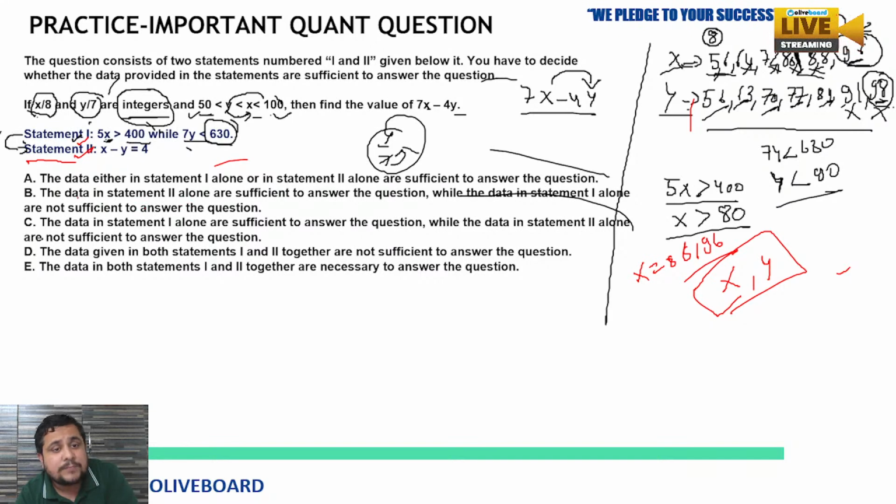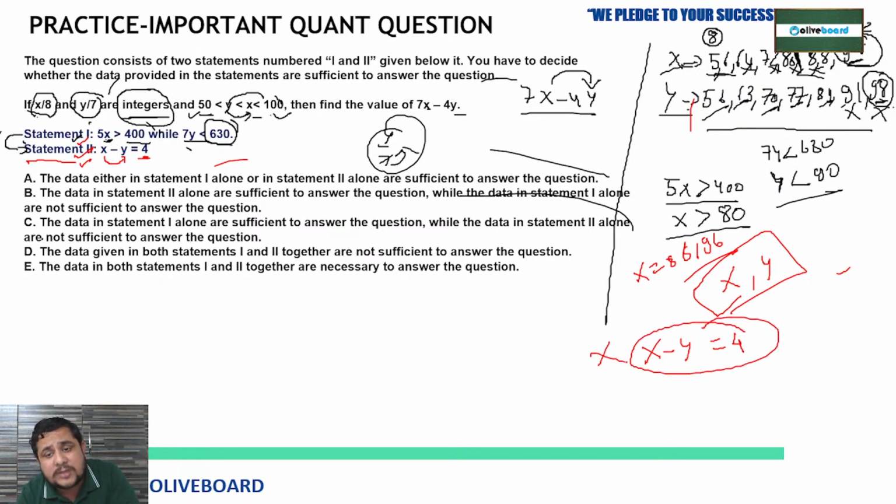Let's check it out. Now statement second: x minus y is 4, meaning the difference between x and y is 4. Now we got the concept from here, right? What can be our answer? Because x minus y equal to 4 alone is not sufficient.